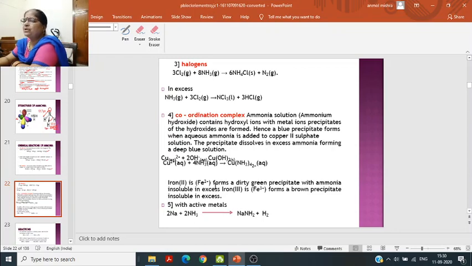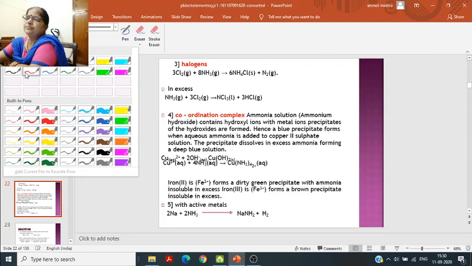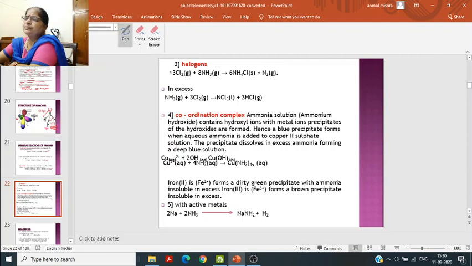Third is halogens. This question is very important, many times it has been asked. It combines with chlorine, it forms ammonium chloride and nitrogen.